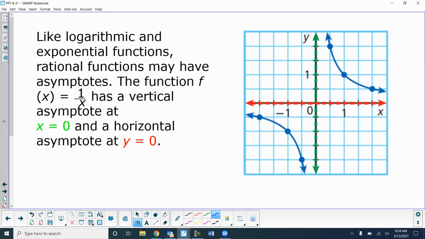Whatever makes the denominator 0 is always the vertical asymptote. And we'll talk about horizontal ones. They have different rules for horizontal ones, okay? All right, so this is our parent function, that 1 over x.